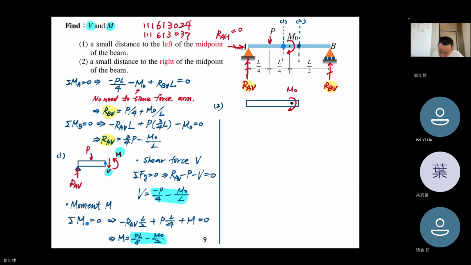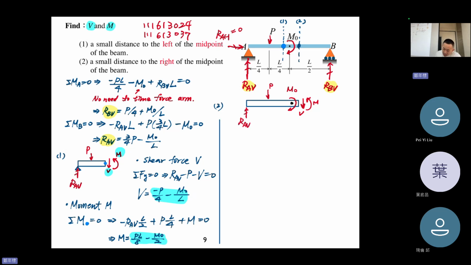And we assume this cross section has the downward V as positive and upward M as positive moment. And we also see the P on the left-hand side, and we have RAV, of course.